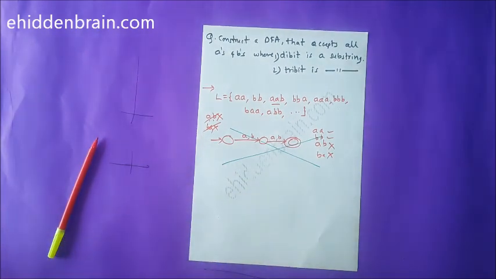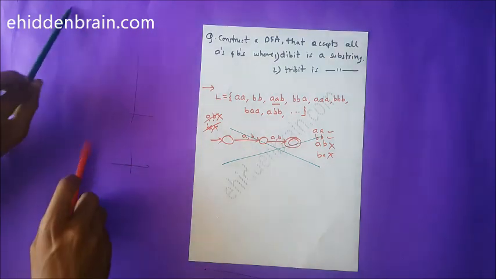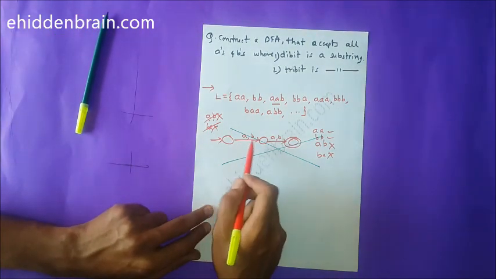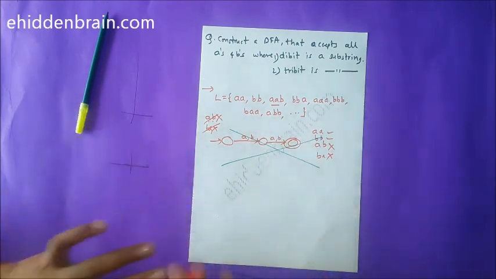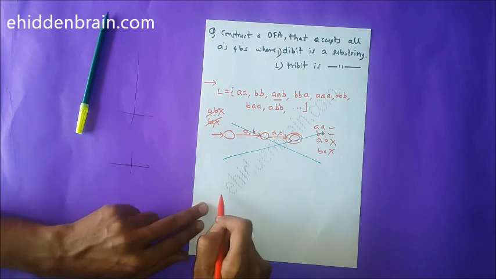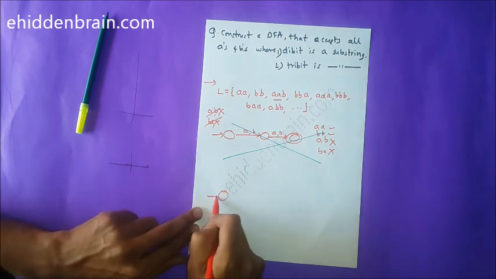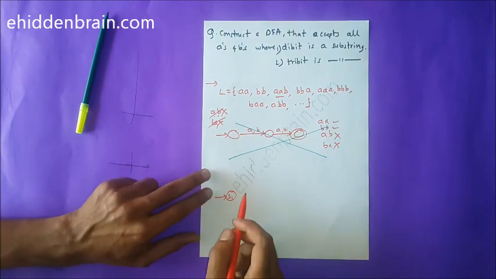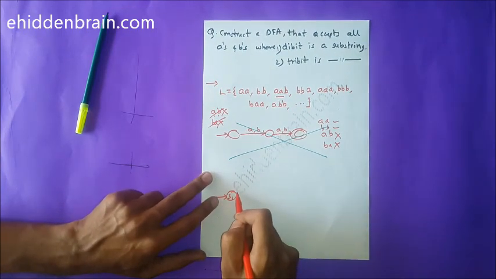This is not a correct DFA. So let's move to the correct DFA. What will be the correct DFA? AA and BB should be separated so that there should not be any confusion, and it is very simple. What I will do is, if something like this happens, you better create two transitions, and the two transitions will be something like this.